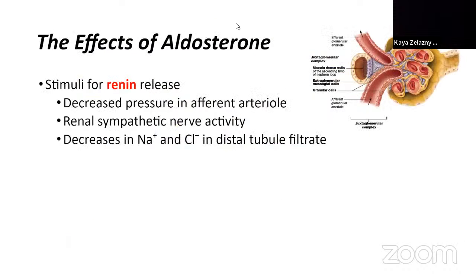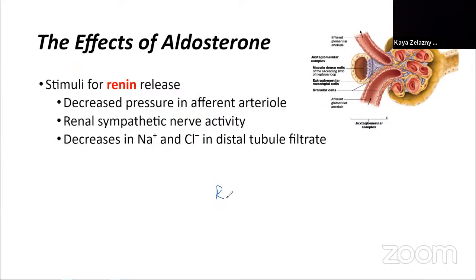Okay. So these three are just how we would release renin. So remember renin, we have our angiotensin 1 and 2, in that order for once, 1 and 2, ultimately gives us aldosterone.